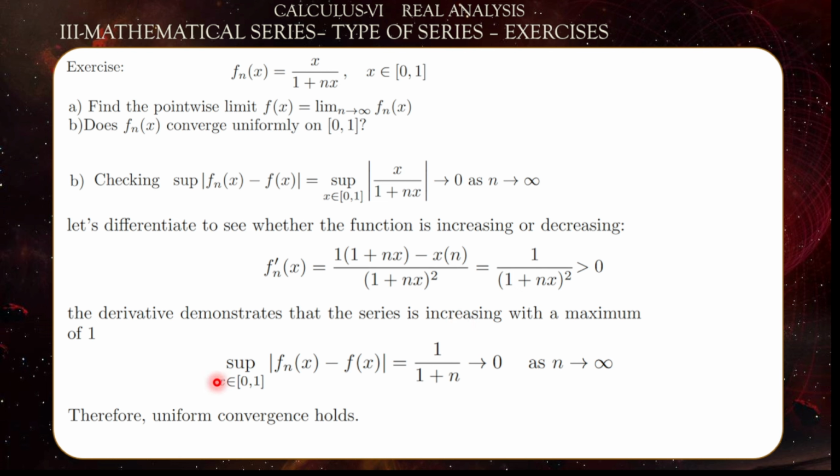Now, let's check the sup of f_n(x) minus f(x). We replace x by 1 to check for the maximum at x equal 1, what would be the limit. So f_n(x) minus f(x) is equal to 1 divided by 1 plus n for x equal 1.